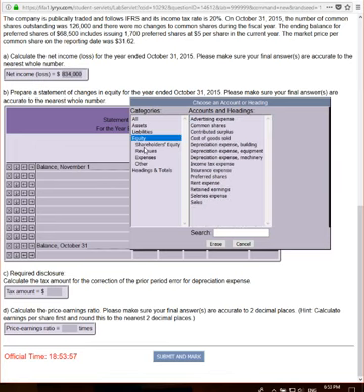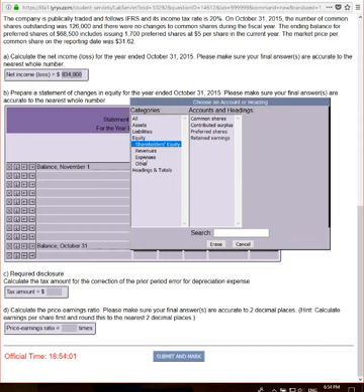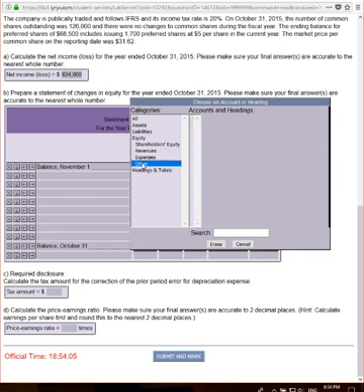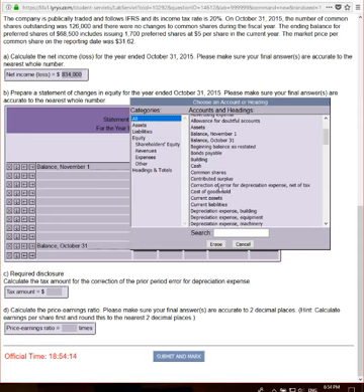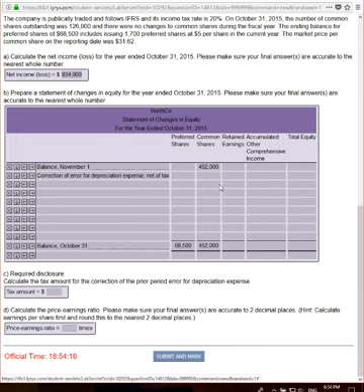Maybe under equity, shareholders equity. Headings and totals, revenues, other maybe. No, that's not going to help. Okay, let's see if we can find something here about the, there we go, correction of error for depreciation expense net of tax.